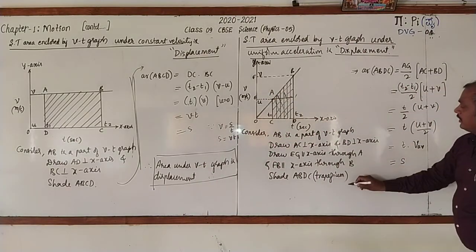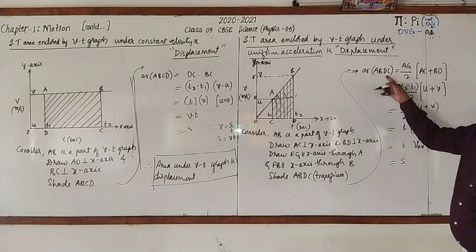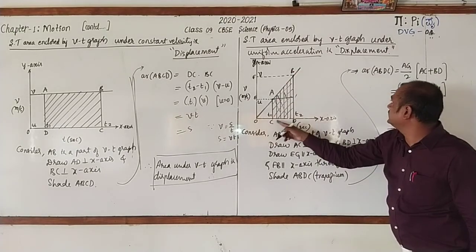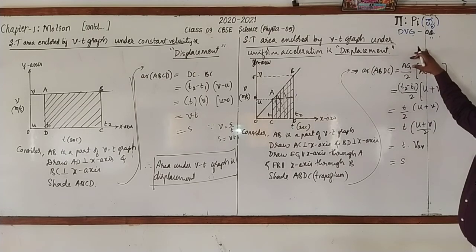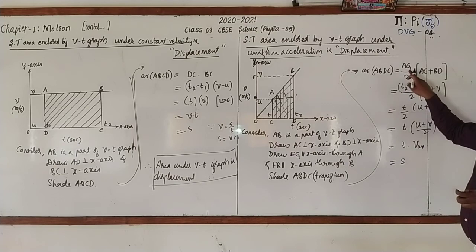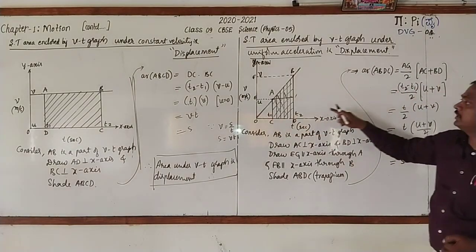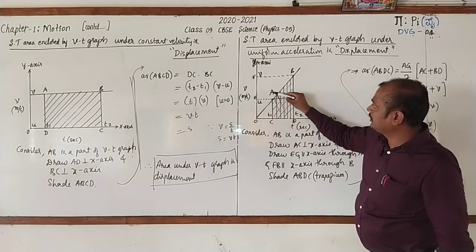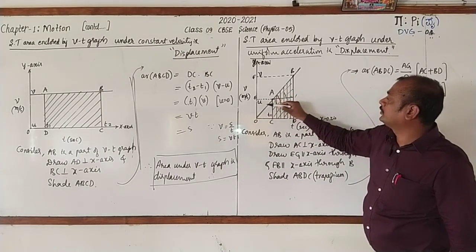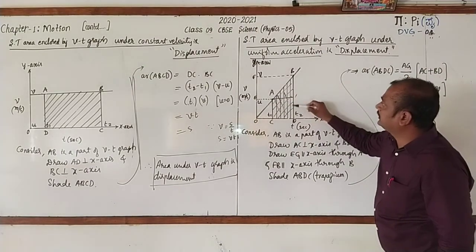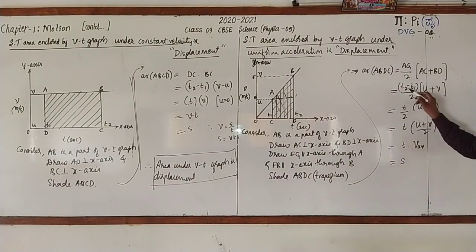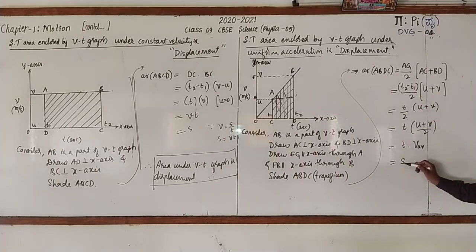Then, after this, you can write from here. Area of ABDC, as it is a trapezium, is height by 2 into the sum of parallel sides. AG has been written as T2 minus T1, and AC has been written as U, then BD is V. Next, T2 minus T1 is T, so T by 2 into U plus V. U plus V by 2 is nothing but V average. That V average into T is nothing but displacement.